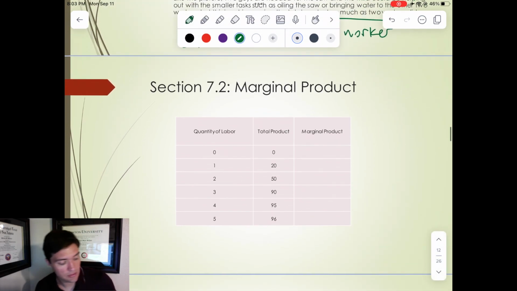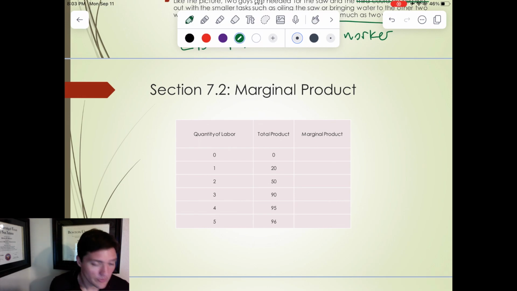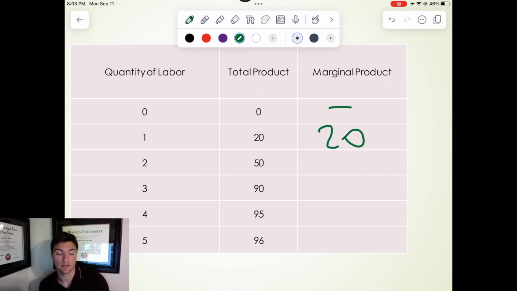Let's do another example here, because I really want you to understand what the marginal product is doing. If we had 0 labor, then that's 0 total product. But if we had 1 labor, we're now making 20. So for the marginal productivity, look at where you started and where you ended. You started at 0, you're ending at 20, so the marginal is 20. All we did there was 20 minus 0.